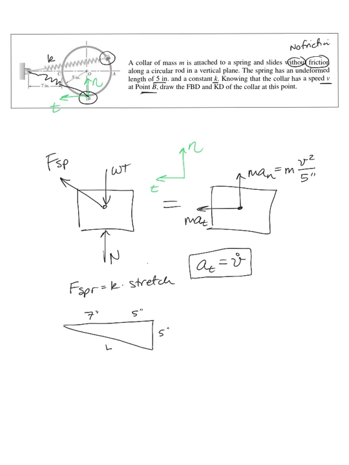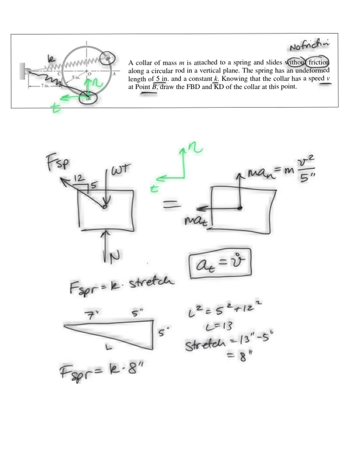So I've got a nice triangle, and I can find the length is equal to 13, and therefore the stretch is equal to 13 inches minus 5 inches, which is equal to 8 inches. So the force in the spring is going to be equal to K times 8 inches, and it's going to be oriented at a 12/5 angle.